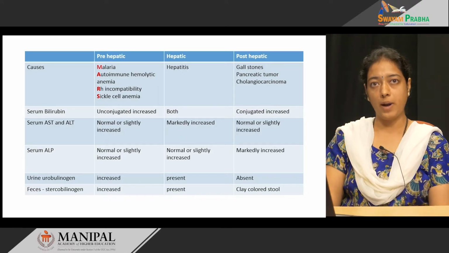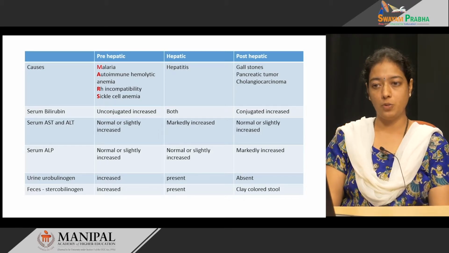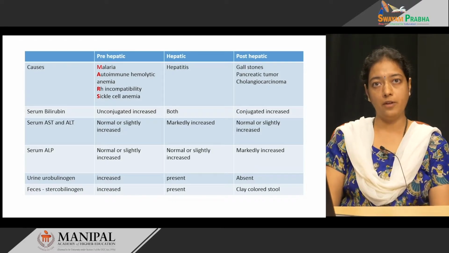Whereas in post-hepatic or obstructive jaundice, the causes are gallstone, pancreatic tumor or cholangiocarcinoma. In this condition, only the conjugated bilirubin is increased. The liver enzymes AST and ALT are normal.